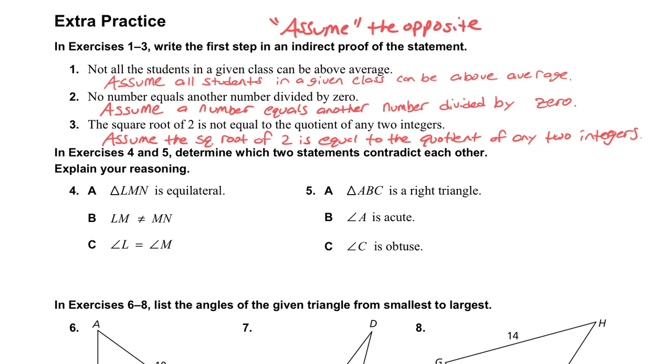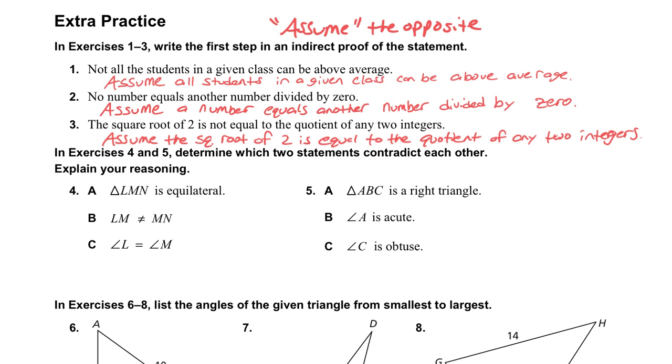Now, why does that make sense? We know the square root of 2, well, hopefully we know this, is called an irrational number. Rational numbers are numbers that can be written as a ratio between two numbers. Irrational numbers are decimals that go on and on forever and never repeat.